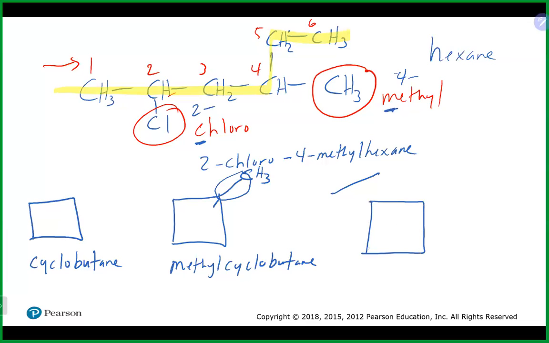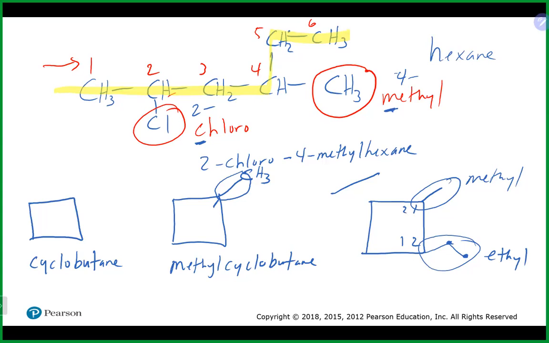Now, if I take something like this and maybe something like that, now I feel like I'm just putting squiggly lines, but this is still cyclobutane, right? It's the square. I still have this guy, which is a methyl group. This group right here has how many carbons? It does have 2, which means it's an ethyl group. Now I have multiple things on this ring. Do I need a number, you think? I do need a number here. Now we're going to default to our rules. We can do 1 and 2 going one direction, or 1 and 2 going in the other direction.